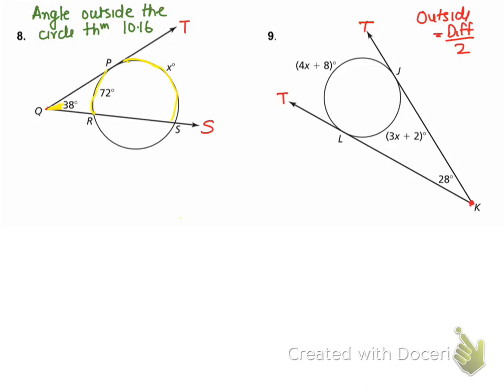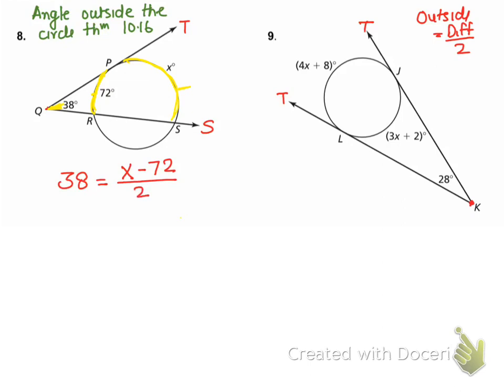So only this and this one are considered intercepted arcs. This one is the major arc, and this is the minor. So when you write your expression, 38, the angle formed outside, is the difference over 2. Keep in mind, the difference is x minus 72 over 2.